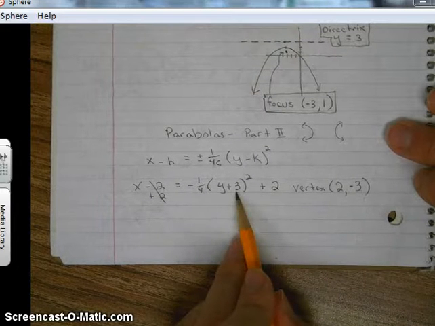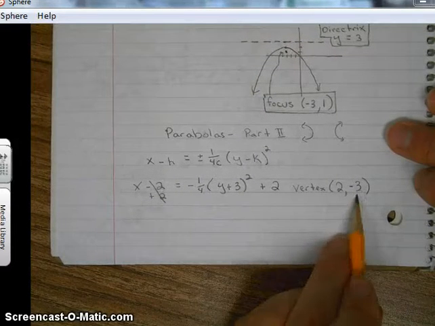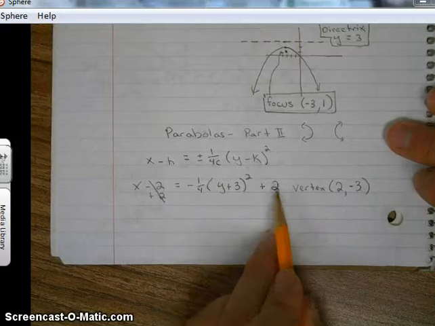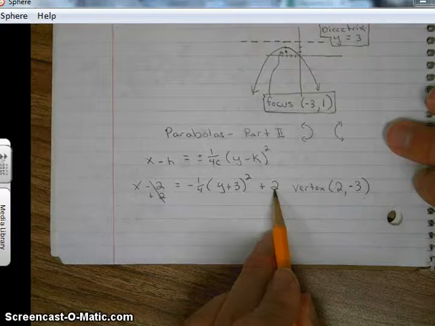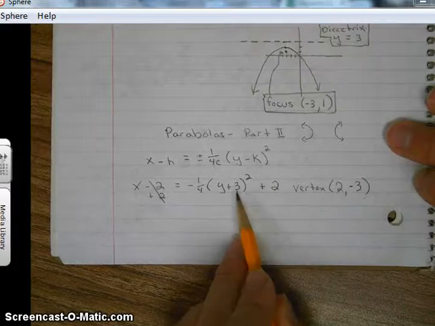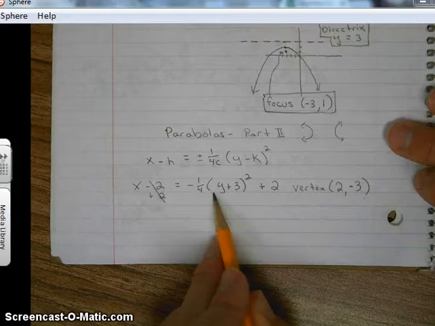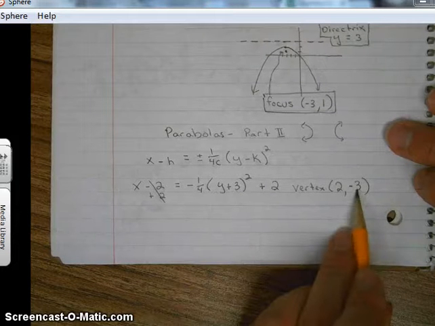Remember that when you take a number out of a grouping symbol, it changes its sign. And since this number is not in the grouping symbol, it stays the same. And notice the 3 is associated with the y. That's why it's the y coordinate.